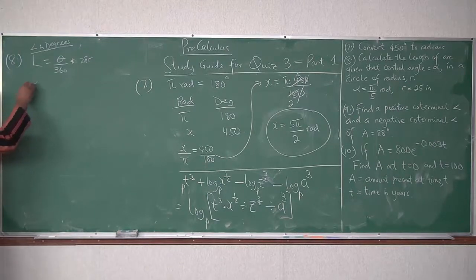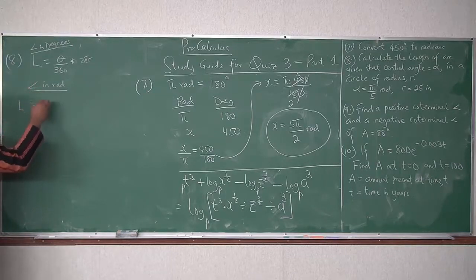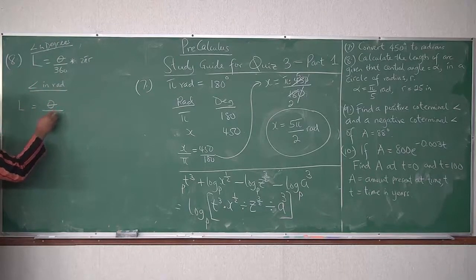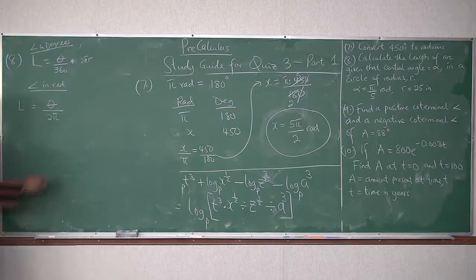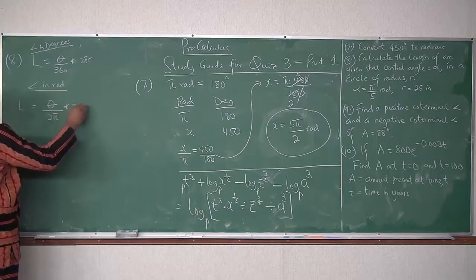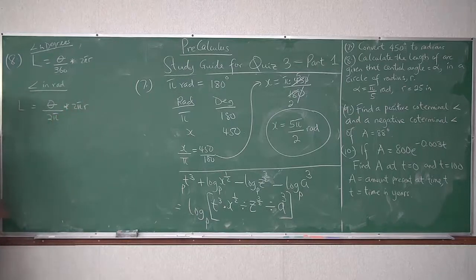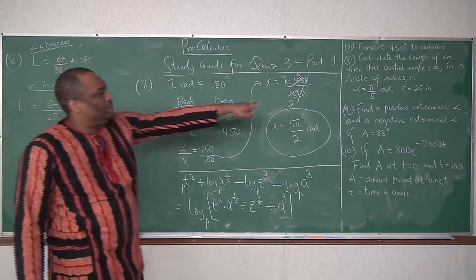But if the angle is in radians, we see that L is theta over 360, which is what? 2 pi. Because pi is 180, so 2 pi is 360, times 2 pi r. This is what we need here. Theta over 2 pi times 2 pi r, because our angle is in radians.